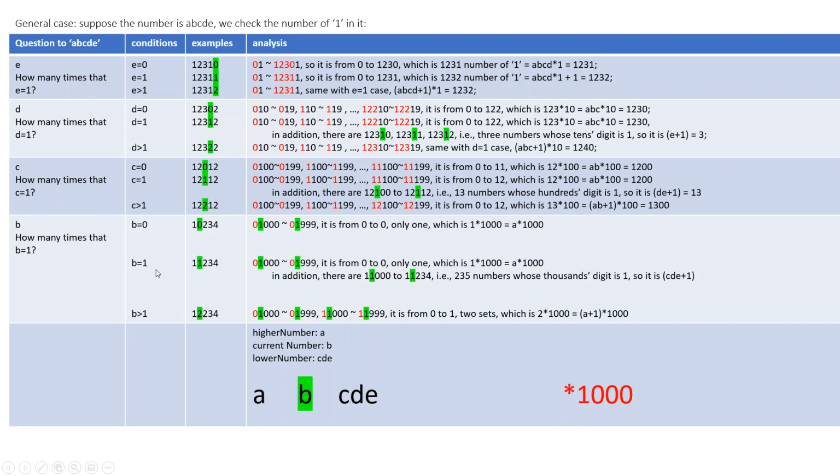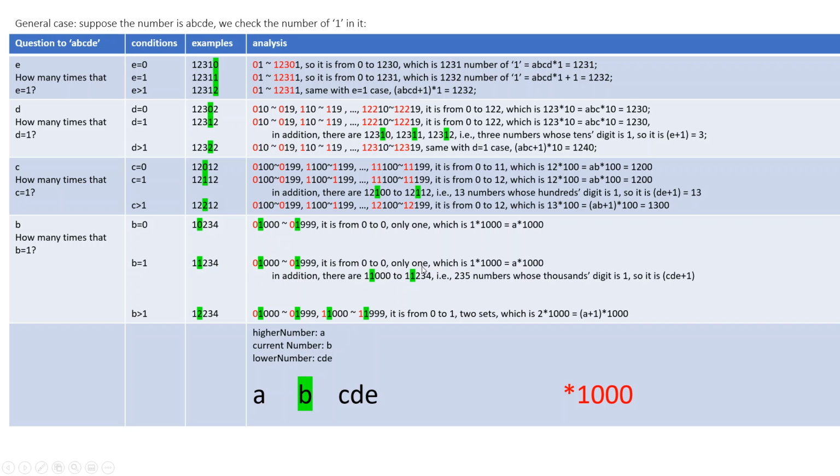And let's look at the B equal to 1 case. So currently, again, we can only form one complete subset with 1000 numbers. It's from 1000 to 1999. So it's the same with this case. And in addition, there is a not complete subset from 1000 to 1234, right?